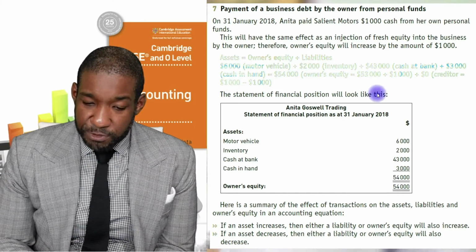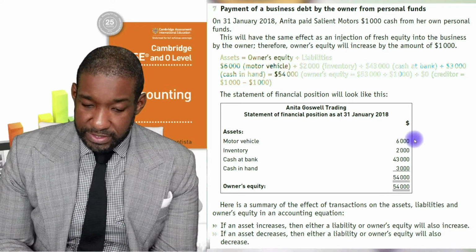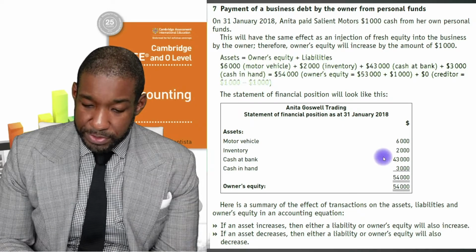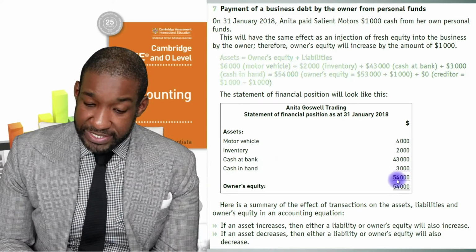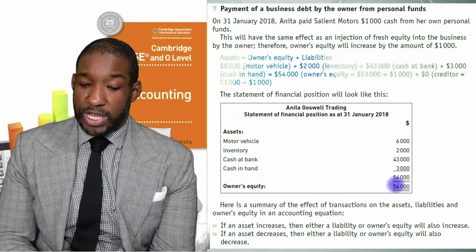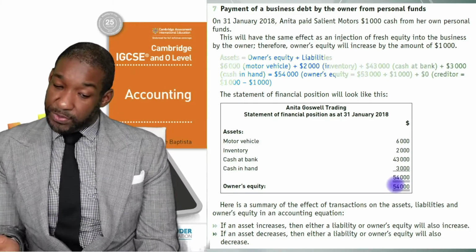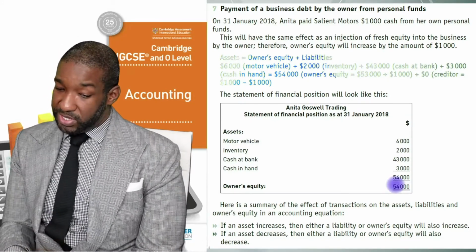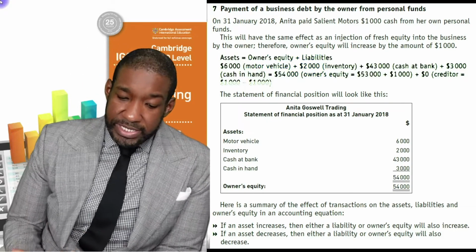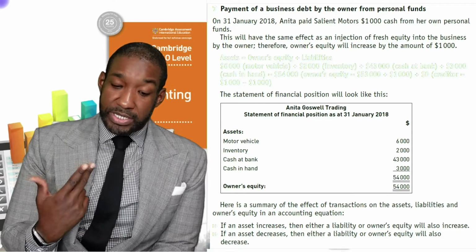So the statement of financial position will look like this. Once again, assets: motor vehicle, $6,000, inventory, $2,000, cash at bank, $43,000, cash in hand, $3,000, $54,000 total assets. There are no more liabilities as they have now been paid off, and owner's equity is now $54,000.